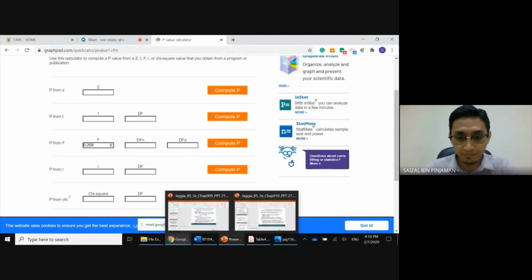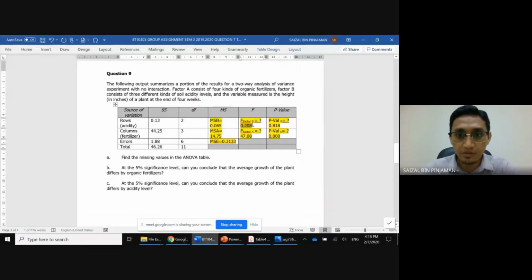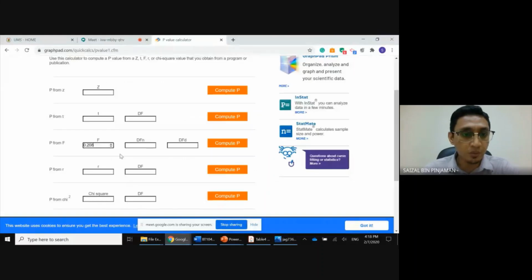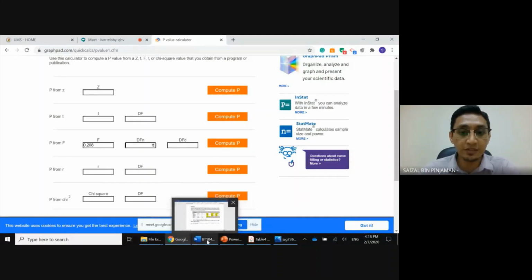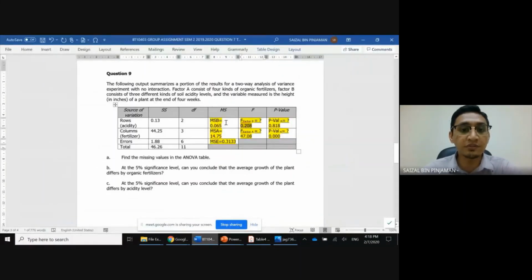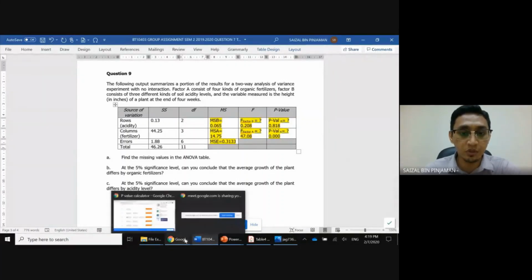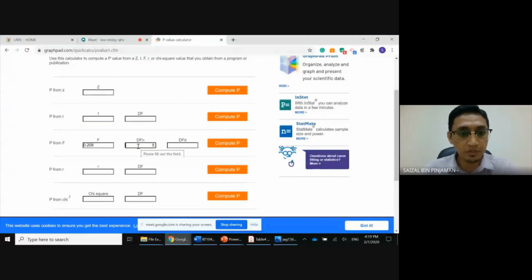That's the first piece of information required. The second is the degrees of freedom for that specific source of variance, in other words, the degrees of freedom for factor B. In this case, the degrees of freedom is equal to 2.